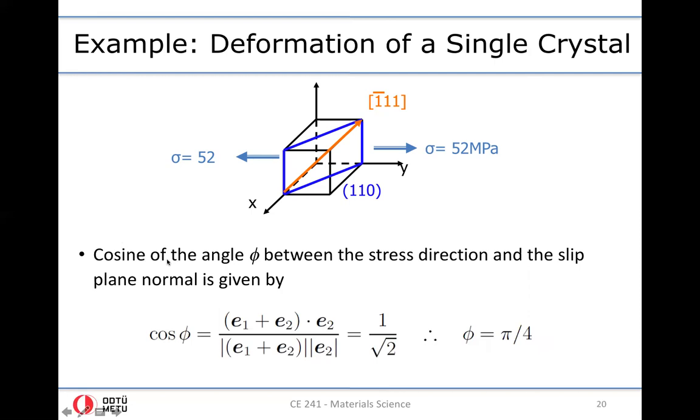So remember, Miller indices of the planes are also denoting the normal directions of the planes. So the direction of the angle phi between the stress direction, applied stress, and the slip plane is given by the basis vector in the direction of the stress that is denoted by E2. Okay, this is the Cartesian basis vector in the y direction.